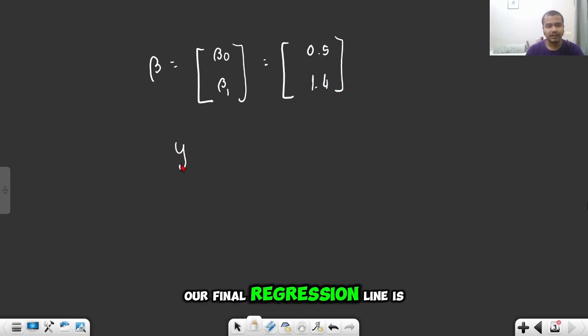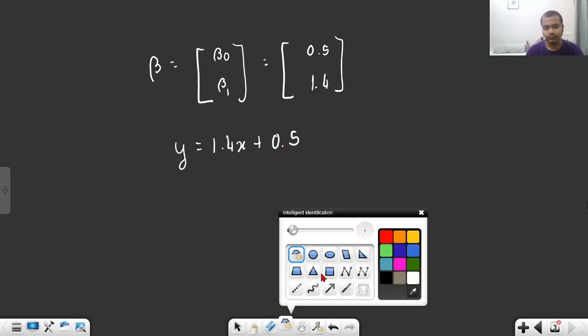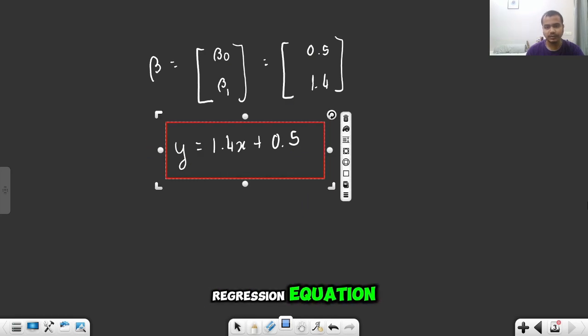Our final regression line is going to be y equals mx, which is beta 1 x, 1.4 x, plus beta naught, which is 0.5. Therefore, this is our final regression equation.